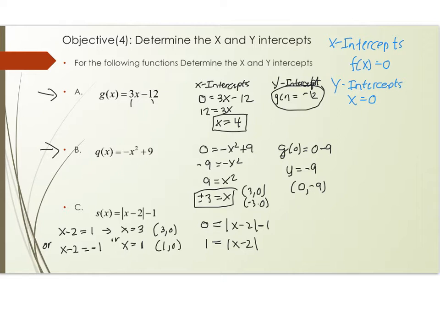And now we can find the y-intercept by setting x to be 0. So s of 0 is equal to the absolute value of 0 minus 2, minus 1. So this is equal to the absolute value of minus 2, minus 1, which is just equal to 2 minus 1, which is equal to 1.